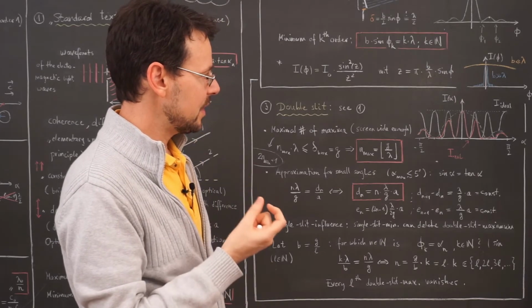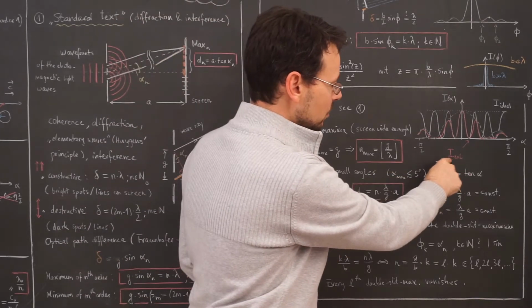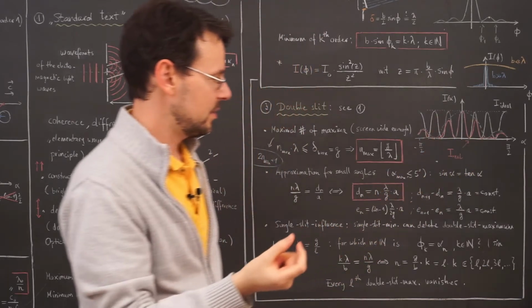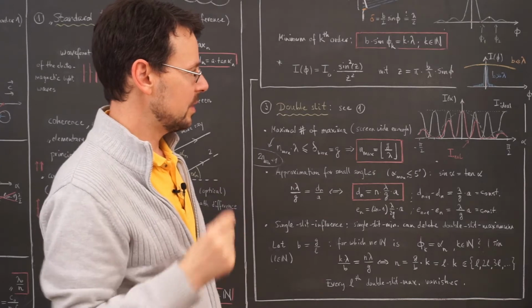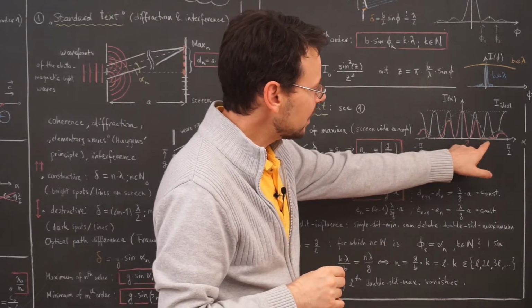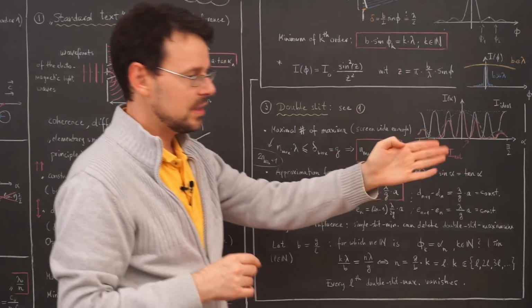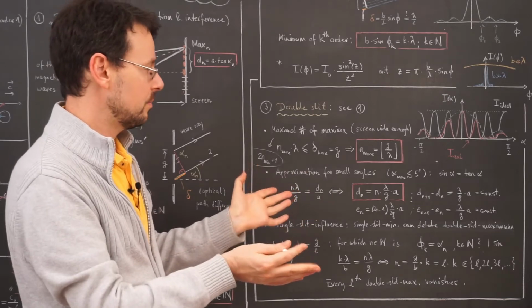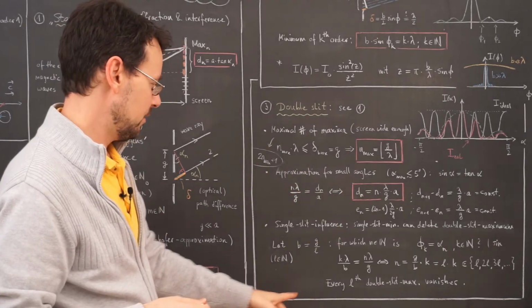And then here in red you see the real intensity curve of a real double slit, where I take into consideration that both slits have finite width. And sometimes it can happen that there should be a maximum, but there isn't. It gets wiped out. And this is what is explained here.